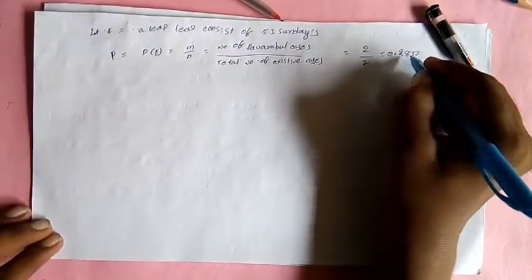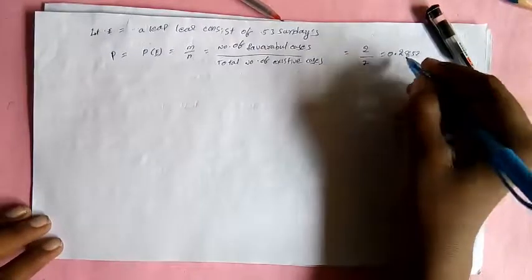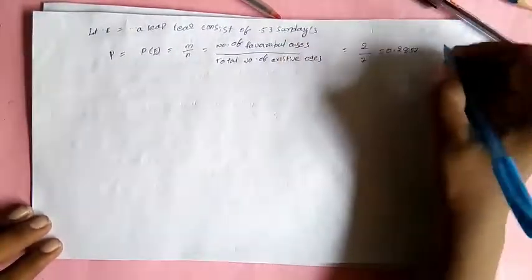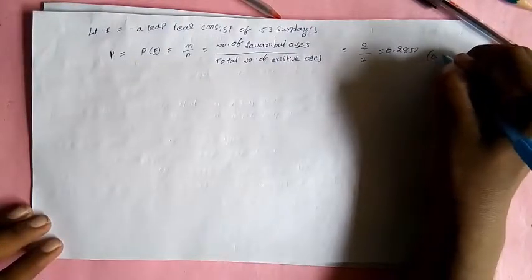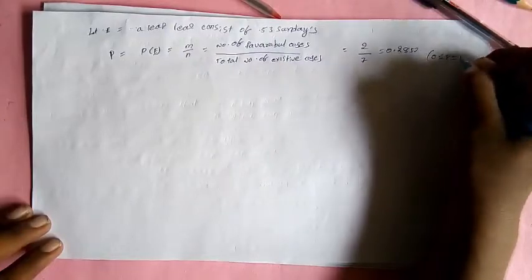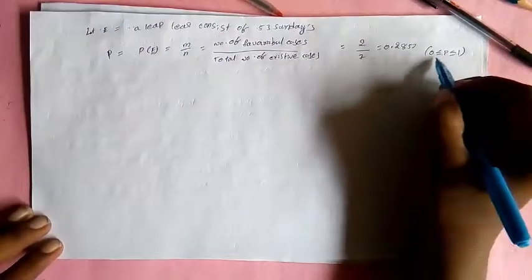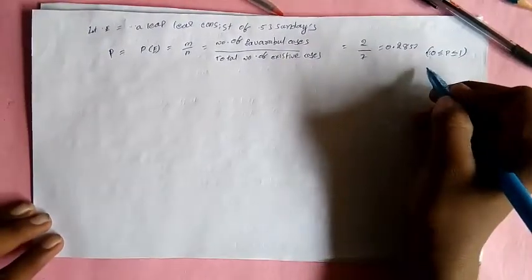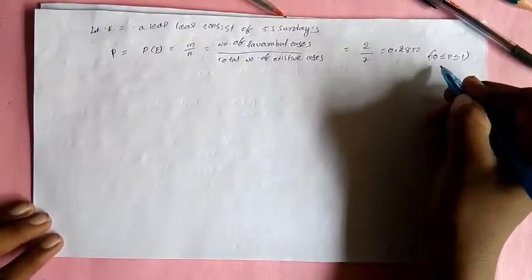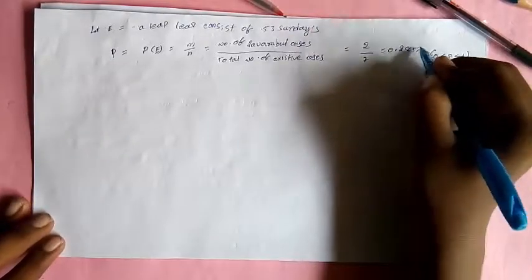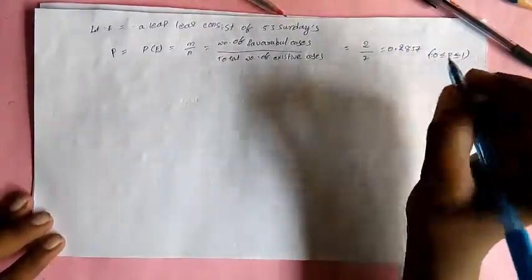We know that probability lies within 0 less than or equal to p less than or equal to 1. This condition is satisfied, so the answer is correct. The probability is 0.2857.